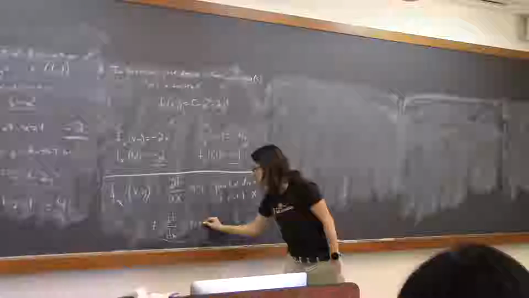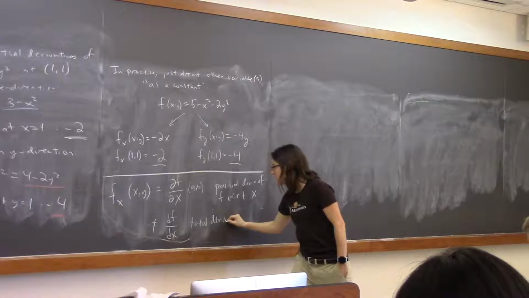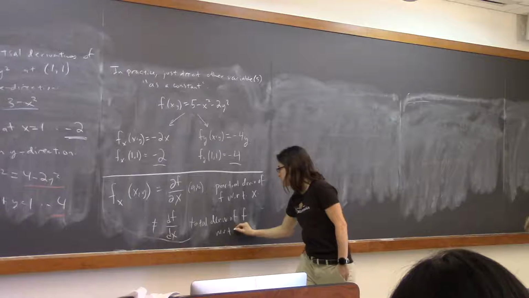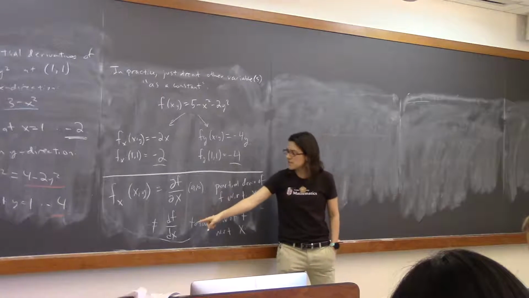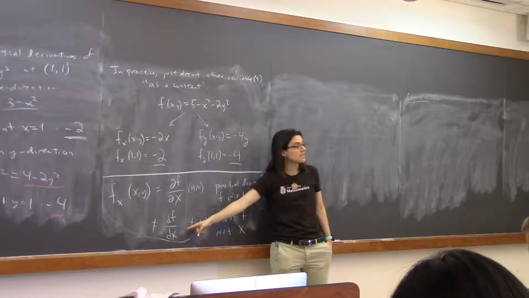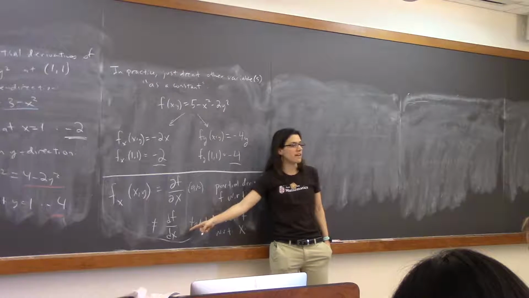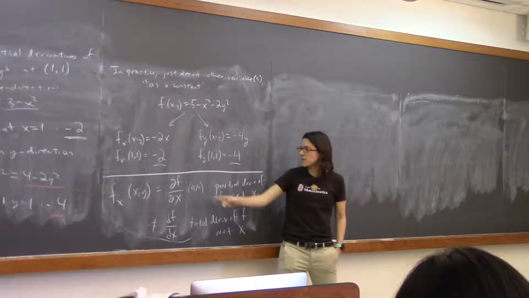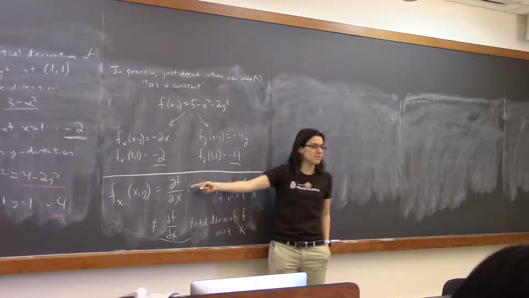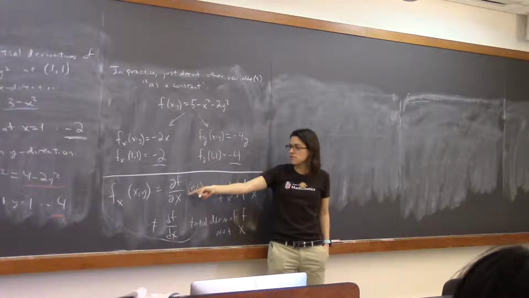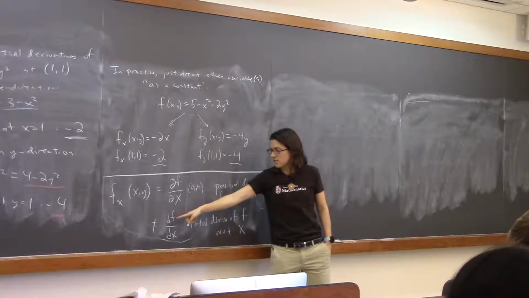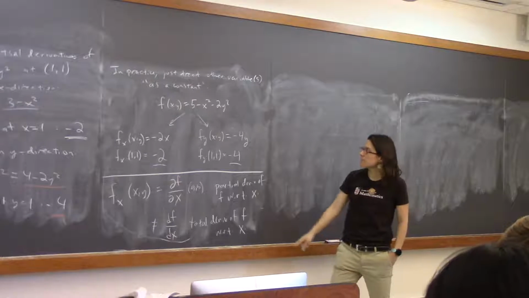You use this one when f is just a function of x, like f of x equals x squared or f of x equals cosine x. But when f is a function of more things, like maybe a function of x and y, you use a partial derivative of f. Now you all know how to make a d, because you learned that a long time ago. But this is new.